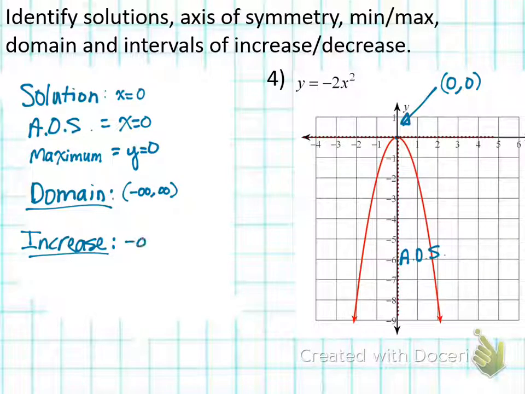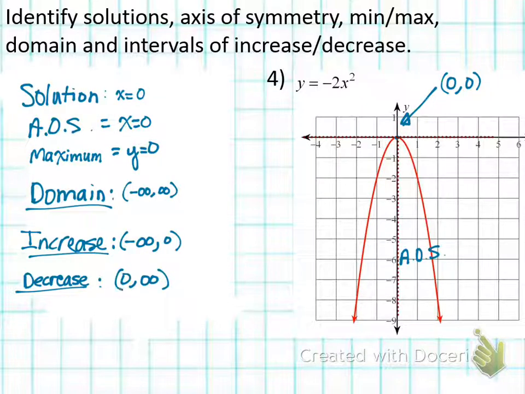From negative infinity. And when does it stop increasing? 0. Excellent. When does it start decreasing? What's that? 0 to positive infinity? Is that what I heard? Okay, good. Excellent. All right. Are we done? Okay, let me see your graphs, or your answers, okay? And then this concludes the lesson.